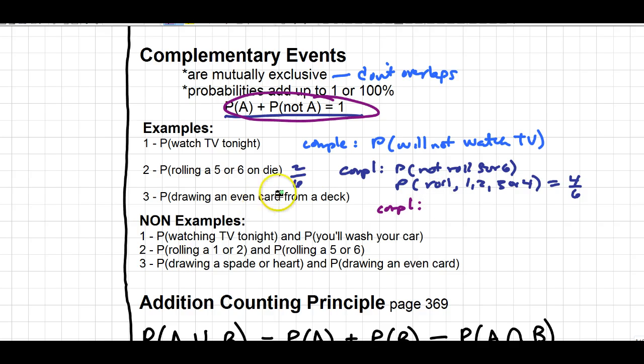If you don't draw an even card from the deck, that means the probability that you are drawing an ace, a 3, a 5, a 7, a 9, jack, queen, or king from the deck. And so then again, that would cover all the different possibilities for the probability. So the probability of drawing an even, and the probability of drawing all of those would add up to 100%.